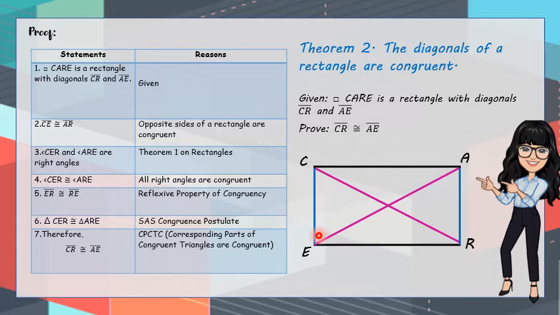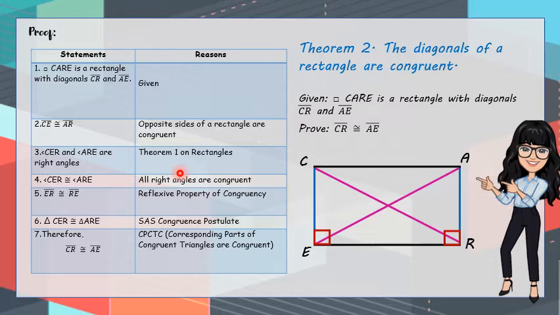We can also use, of course, our theorem number 1, which states that if there is one right angle in your parallelogram, then it has four right angles and the parallelogram is a rectangle. But the best reason for that is the definition of rectangles, not theorem 1 on rectangles.